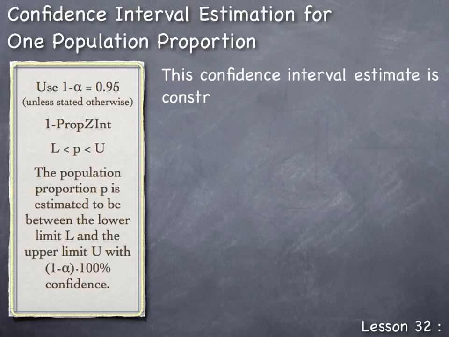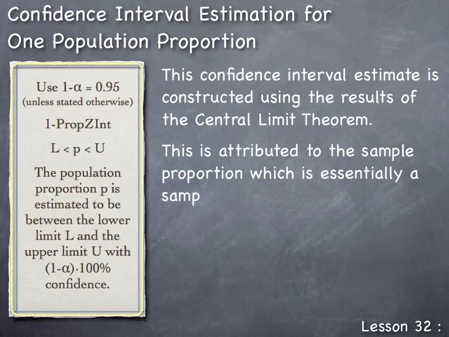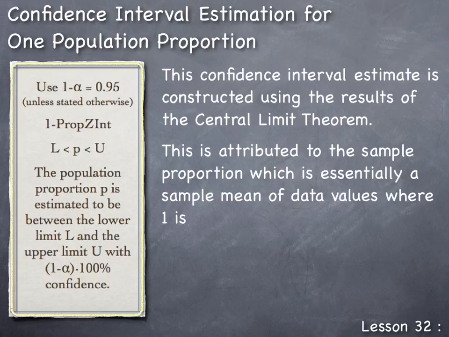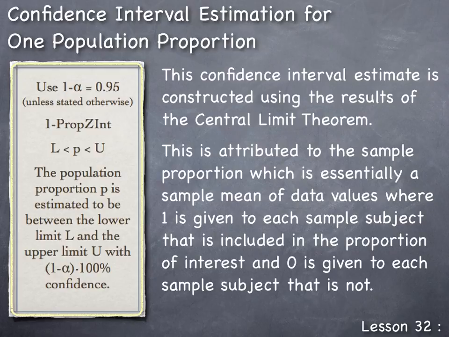This confidence interval estimate is constructed using the results of the central limit theorem. This is attributed to the sample proportion, which is essentially a sample mean of data values, where 1 is given to each sample subject that is included in the proportion of interest, and 0 is given to each sample subject that is not.